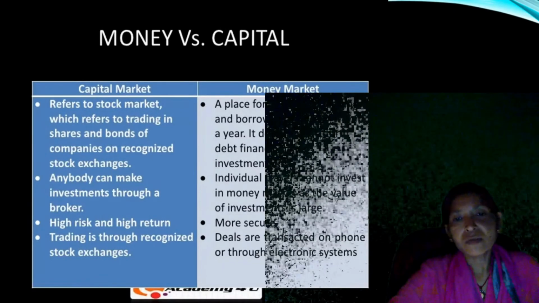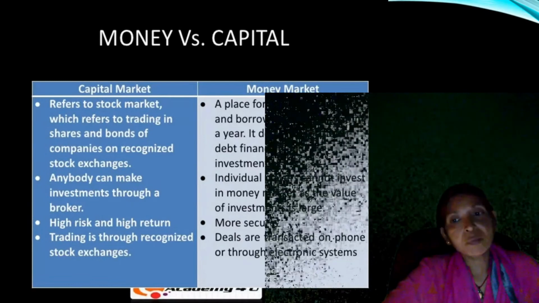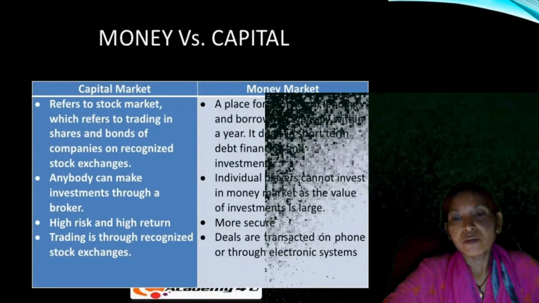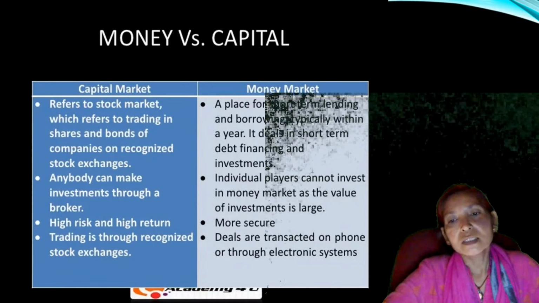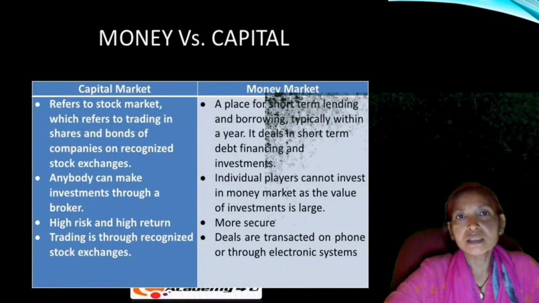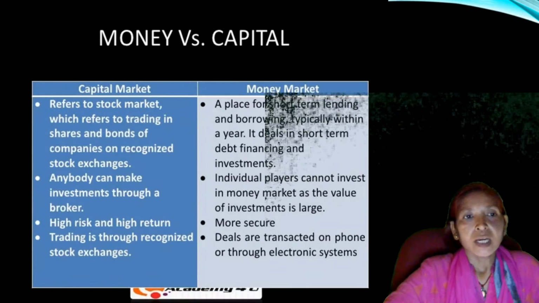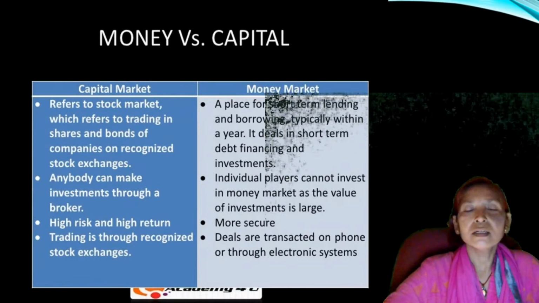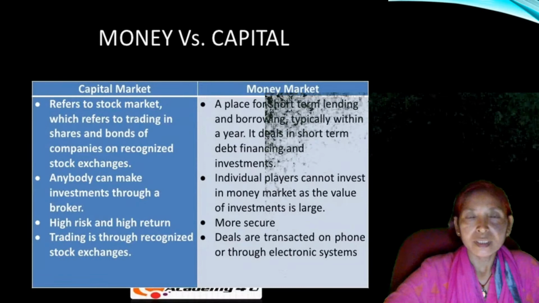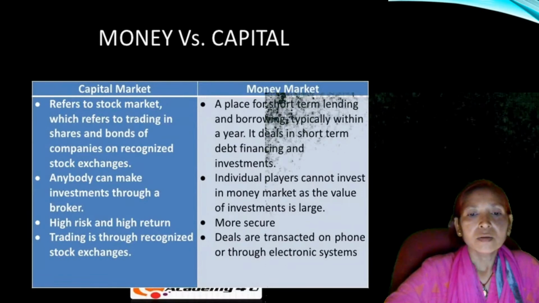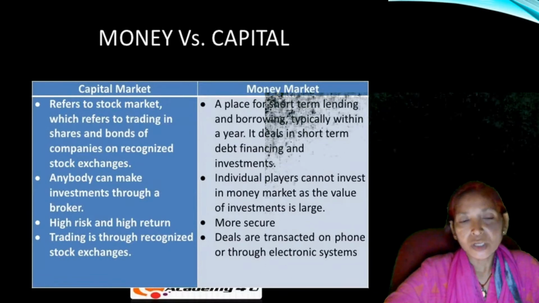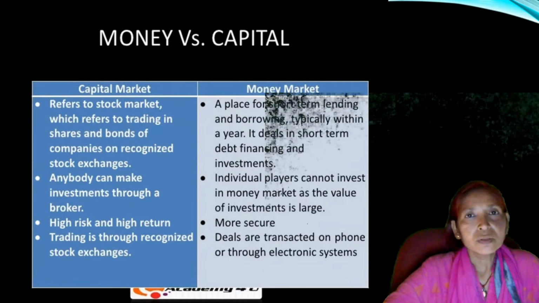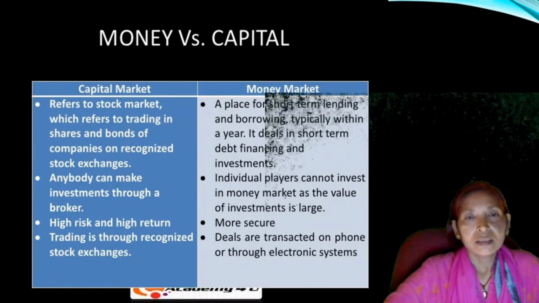And in the case of money market, individual players cannot invest as the value of investment is large. In capital market, there is high risk and high return is possible. And in money market, there is more security; there is no such high risk involved.